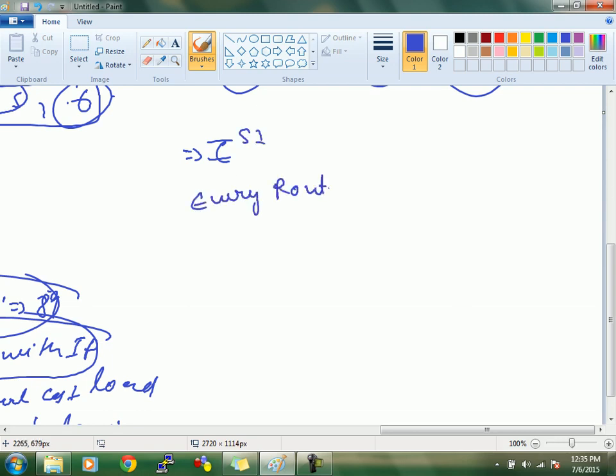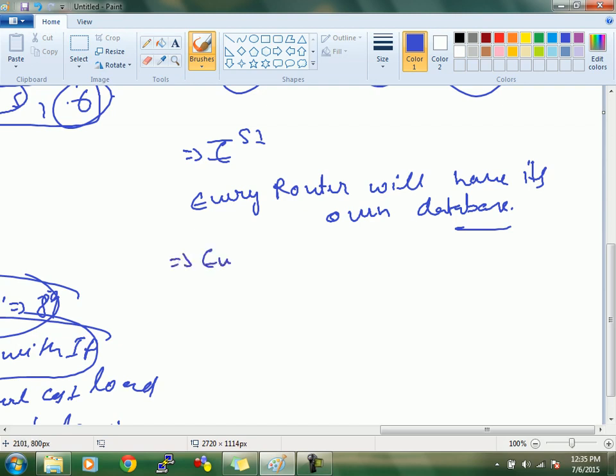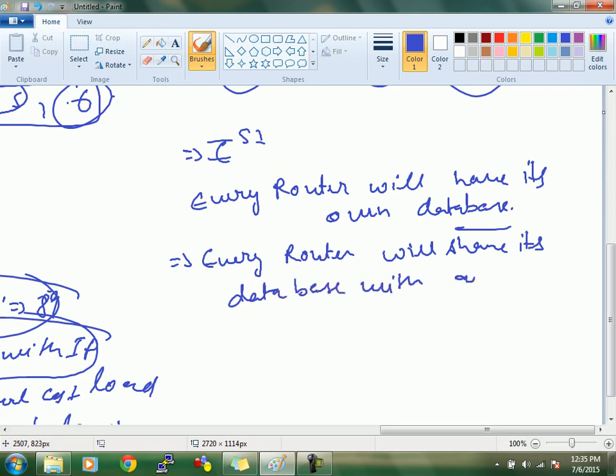every router will have its own database. Every router will share its database with all other routers in the same domain.